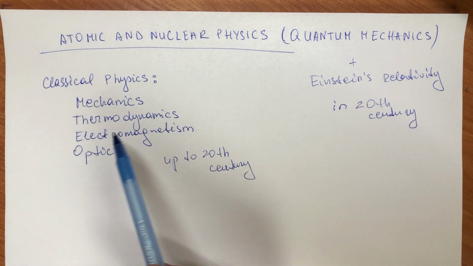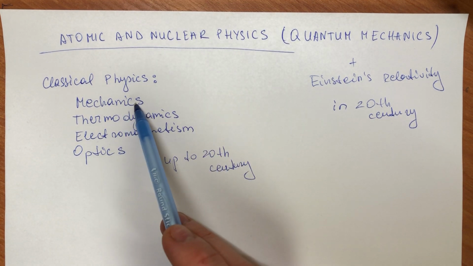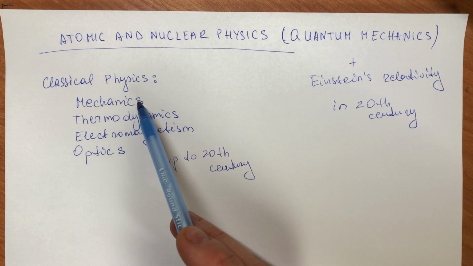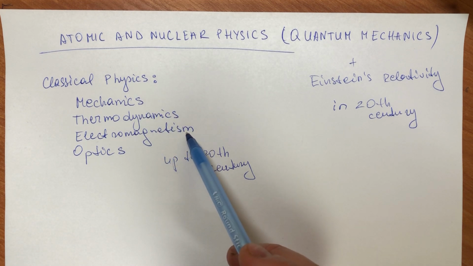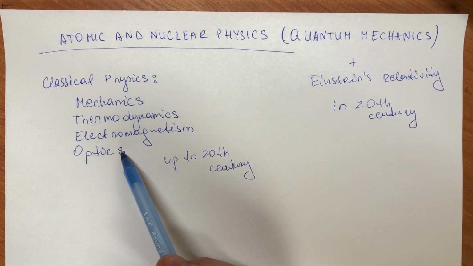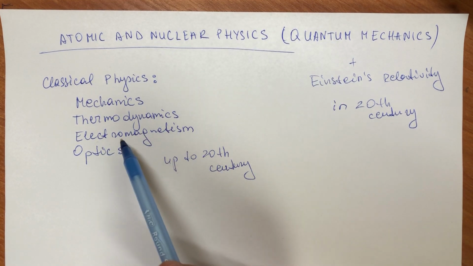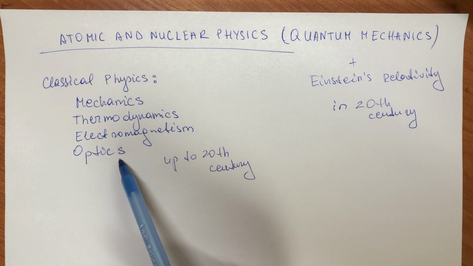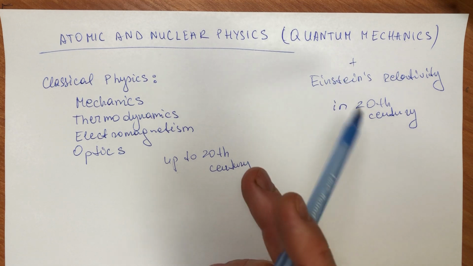So classical physics refers to what we know: Newton's laws of gravity, with which we can explain the universe, the motion of planets, conservation laws in thermodynamics, electromagnetism, electromagnetic waves, optics, the laws governing the behavior of electromagnetic waves. So this is optics.